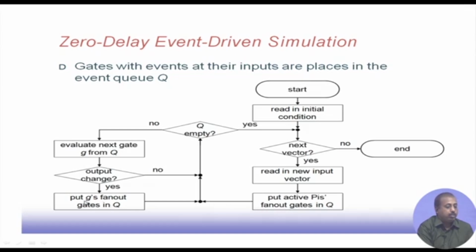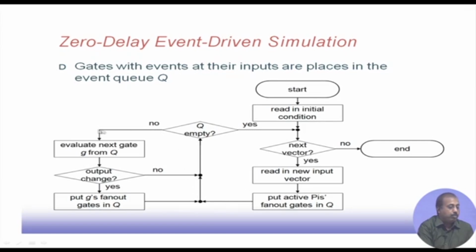Now, we need to simulate those gates only. Suppose we have taken a gate G for simulation; that gate's fan out nodes will be put into queue. Now it checks whether the queue is empty or not.